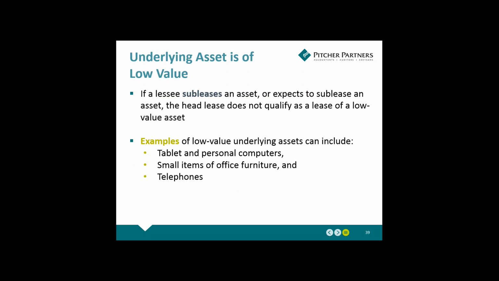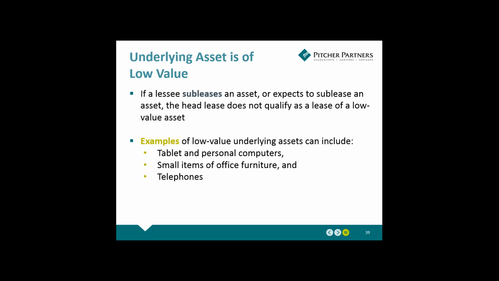They also say if a lessee subleases an asset or expects to sublease an asset, the head lease or the original lease does not qualify as a lease of a low value asset. So they're saying low value assets cannot be sublet. As soon as you want to sublease or can sublease, it's not a low value asset. And then they give us some examples of low value assets. They say it's like a tablet or iPad or personal computers.